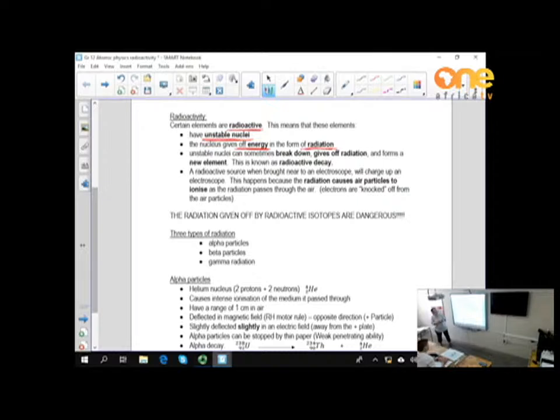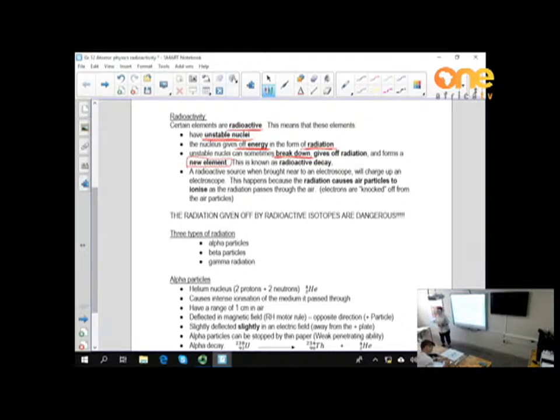Unstable nuclei can sometimes break down. They literally shoot out a particle. And then it gives off radiation, and it can form a new element. I don't know if you've ever read up about the old alchemists. They tried to change lead into gold. They were never successful.